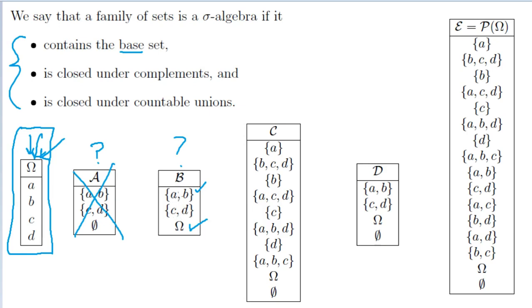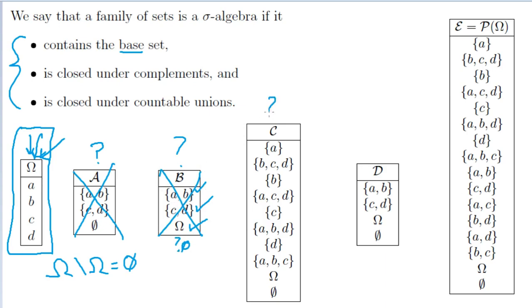Well, it would just be A and B, right? Those are the only two. These are the other two elements, so that would work. But what is the complement of omega with respect to omega? It would be the empty set, right? And this does not contain the empty set. So this is not a sigma algebra.